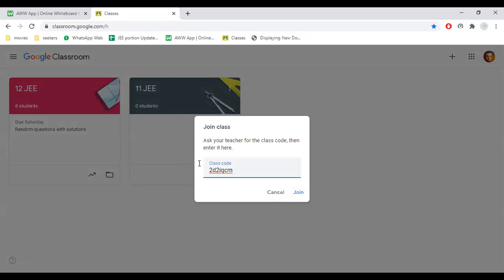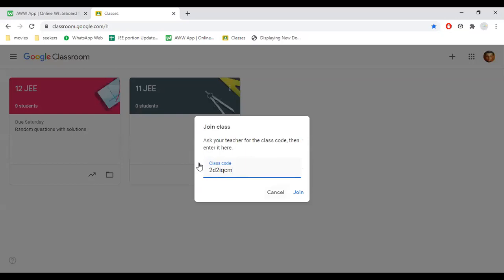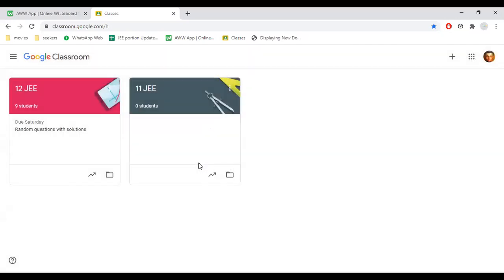You can simply enter this code, 2DJ 2D2IQCM. All the lecture notes, whatever I'm teaching in the class, I will post in the class. This is not just for when we are having online class. Afterwards, when we are having offline classes also, I will keep on posting questions and different exercises in this group. Okay, fine. Let's see if this works out, because I can see there are 9 students.